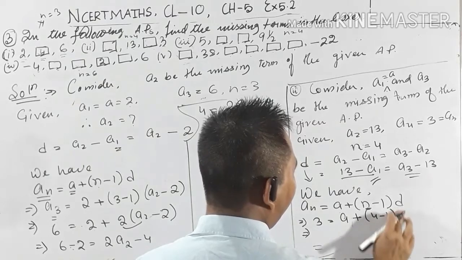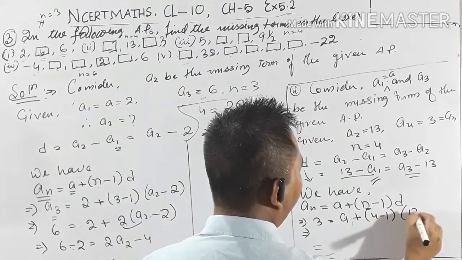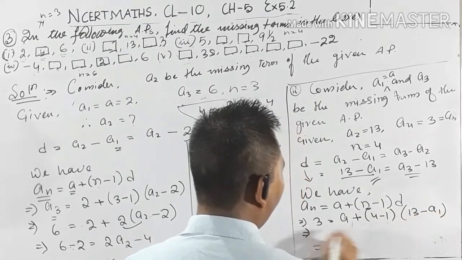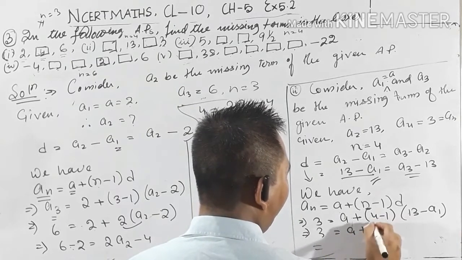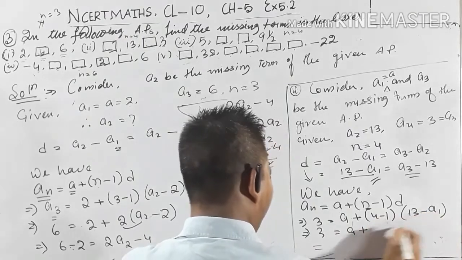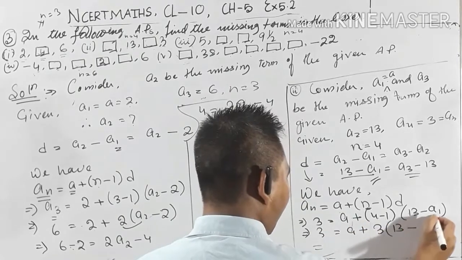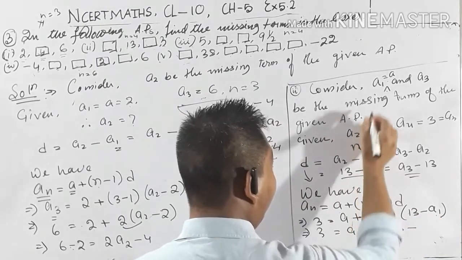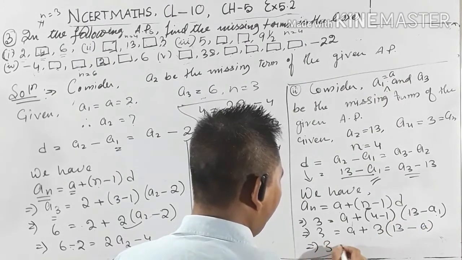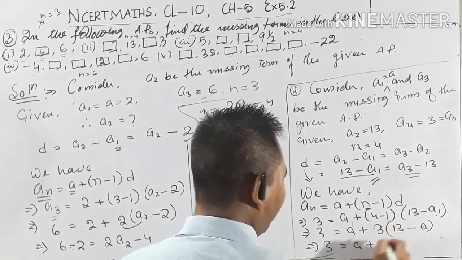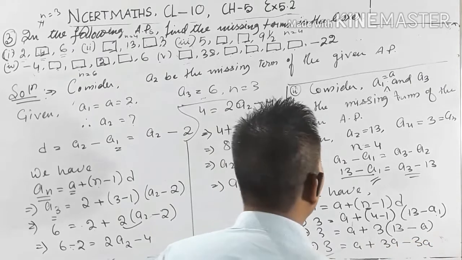So 3 equals A plus 3 times (13 minus A), that is 39 minus 3A.